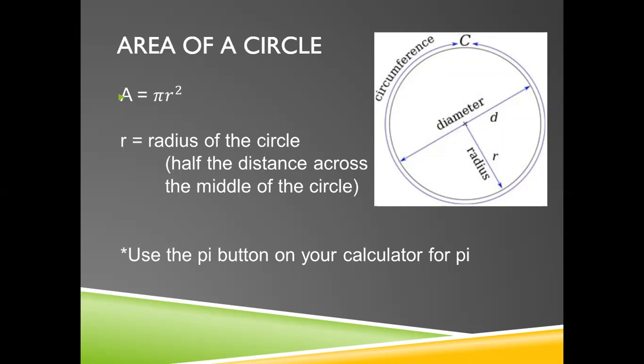We use B there, but it is same thing, okay? B means area of the circle. We use pi times radius squared. So where R is the radius of the circle, and pi, you can use the pi button in the calculator. So you don't have to copy this, because if you look at that sheet I emailed you before, this formula is there, okay? Any question?